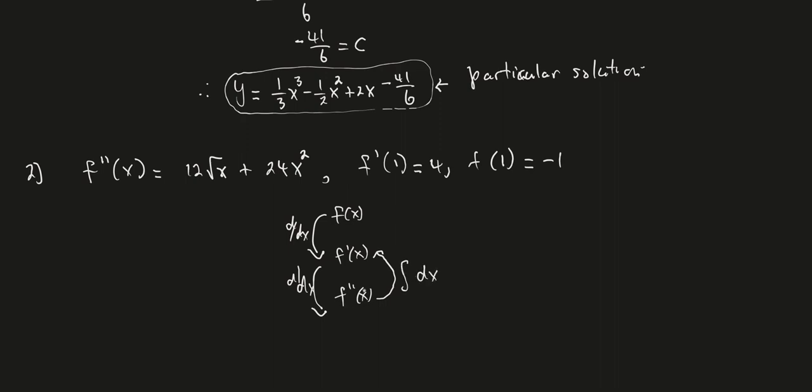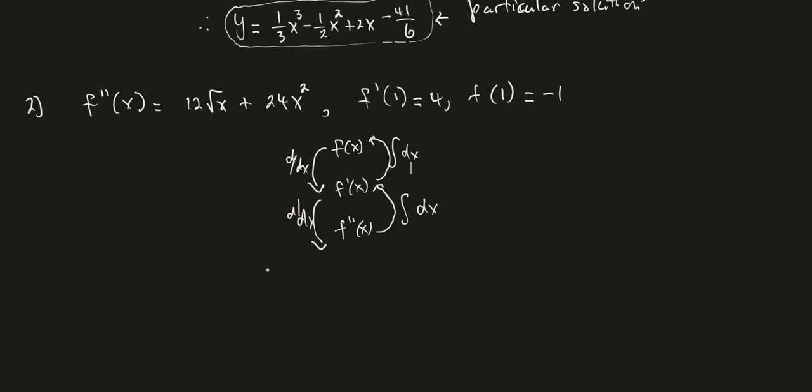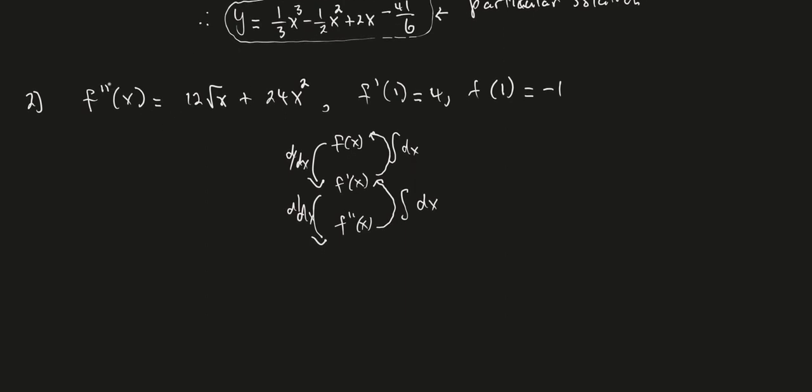If I know the second derivative, I should be able to take an antiderivative to go back to the first derivative, and then once I know the first derivative, like what I did in the first example, I can do another antiderivative and go back to the original function. So depending on the order of the derivative that we know, we might have to anti-differentiate multiple times.